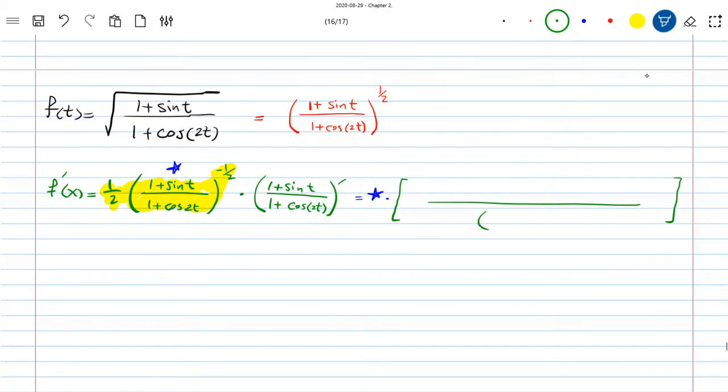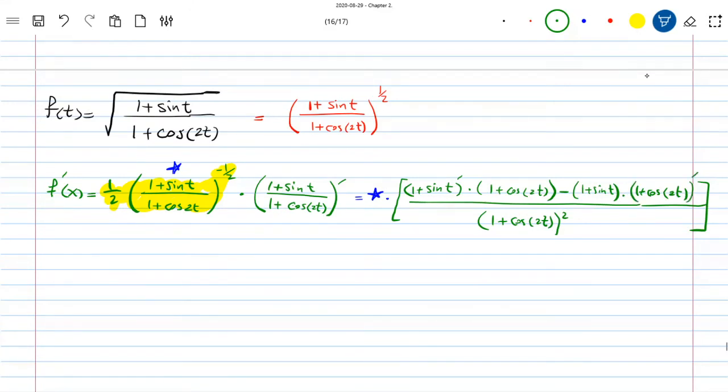The quotient rule says: denominator squared, (1 plus cosine 2t) squared, and multiply by the derivative of the numerator, the derivative of 1 plus sine t, multiplied by the denominator, 1 plus cosine 2t, minus the numerator, 1 plus sine t, times the derivative of the denominator, the derivative of 1 plus cosine 2t.